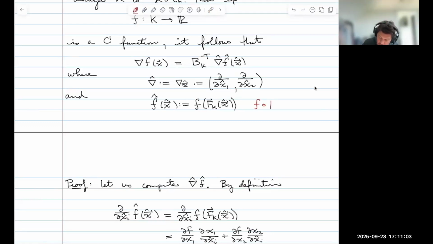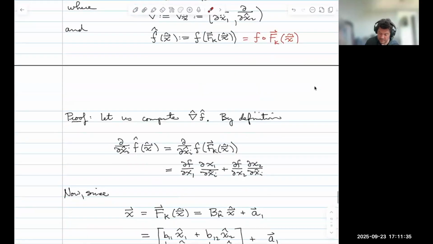So this should be clear that that's just equal to that composition. And by composition here, I mean that I do this operation first, and then finally I do f. That's what we mean by this function here. Ultimately, I get a new function, which is a function of the coordinates in the reference triangle. So let's prove this.